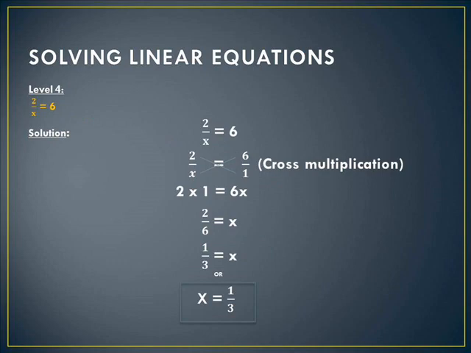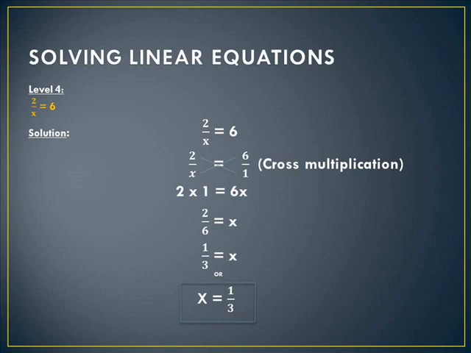In the level 4 question, you might have noticed that the variable x is given as a denominator, while in all the previous questions that we have solved, it was given as a numerator. Let us solve this question by cross multiplication. As we know that when a number has no denominator, its denominator is 1.